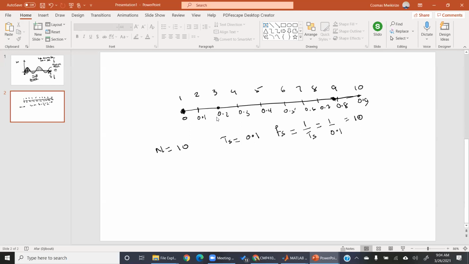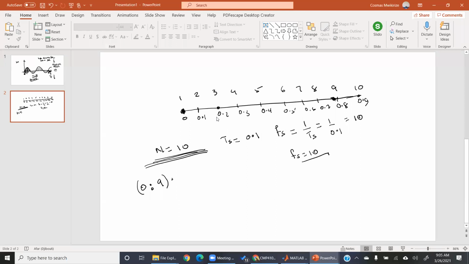If I were working backwards and were given the sampling frequency, which is 10, and I want to generate this time vector, I would say I need 10 points, meaning I'm going to run from 0 up to n minus 1.